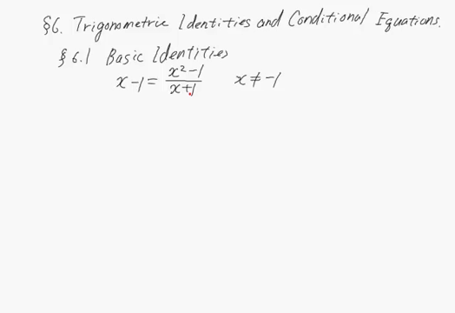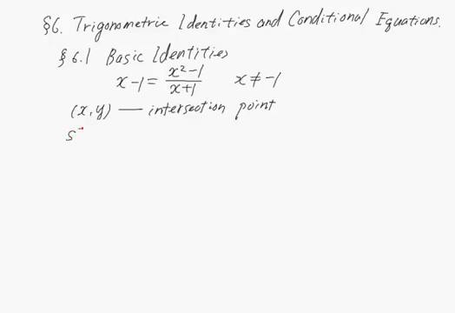Actually, we have learned some identities in chapter 5. First, let's list the identities from the definitions. We begin with the point of intersection of the terminal side with the unit circle. Let me use x and y for this intersection point, and suppose the angle is alpha.